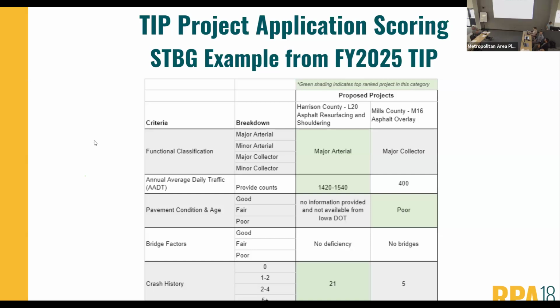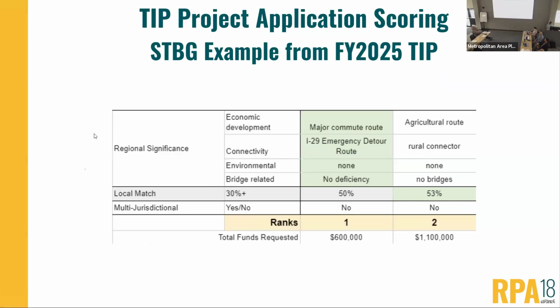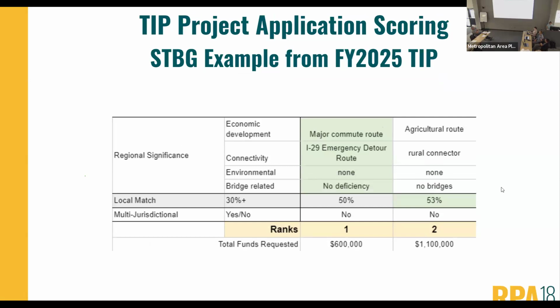But I think for this round, what we're really trying to gain better understanding of is the preference within this group for the following. These are the criteria we currently list, and we're just trying to get a consensus on what should be the priority, right?